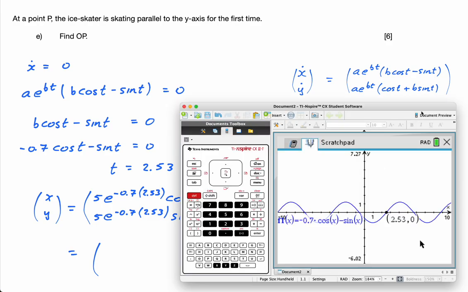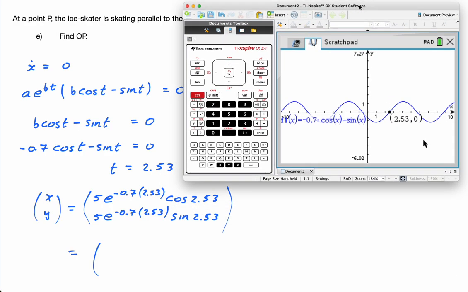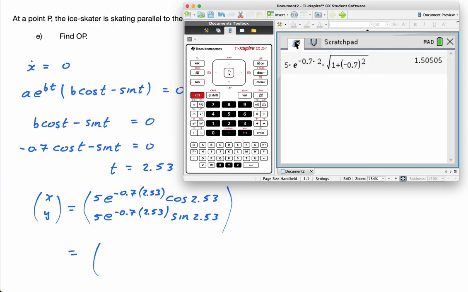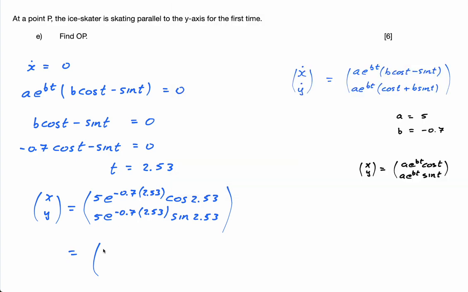right, let's do these separately. So I have 5 times e to the negative 0.7 times 2.53. This times cos of 2.53. That's minus 0.696591.